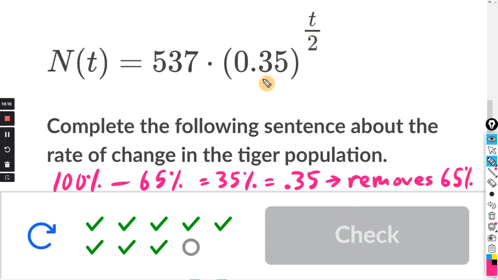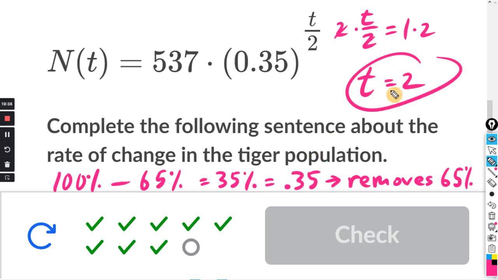Okay, and how often does this number get applied? Well, it's not every year because the years are divided by 2. So we want to know how often this increments by 1. Just set the t over 2 equal to 1, and then multiplying both sides by 2, solving for t, it cancels here, and t equals 2.